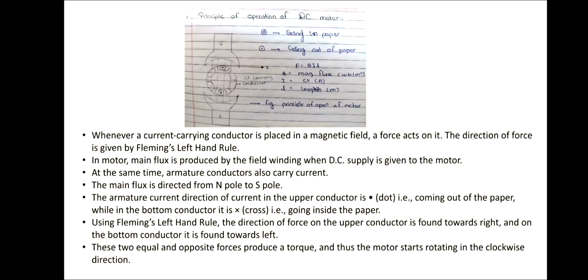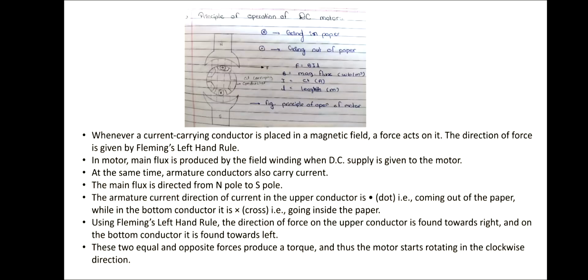This is the principle of operation of DC motor. Whenever a current carrying conductor is placed in a magnetic field, a force acts upon it. The direction of force can be given by the left hand rule, as I explained. In a motor, main flux is produced by the field winding when DC supply is given to the motor. At the same time, armature conductors also carry current.